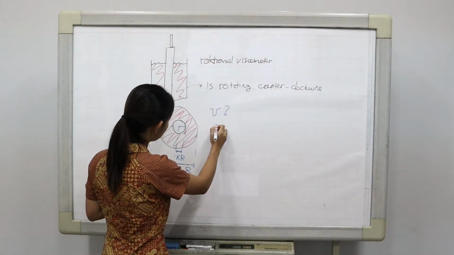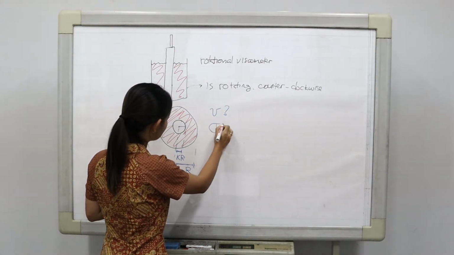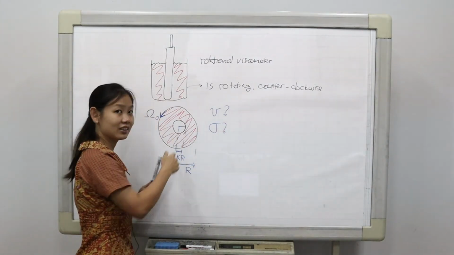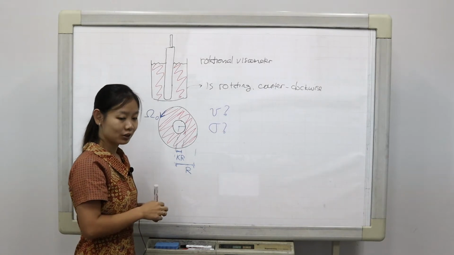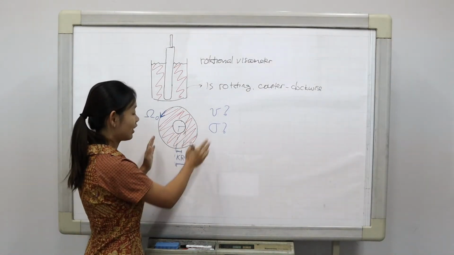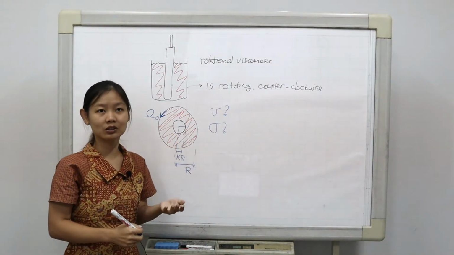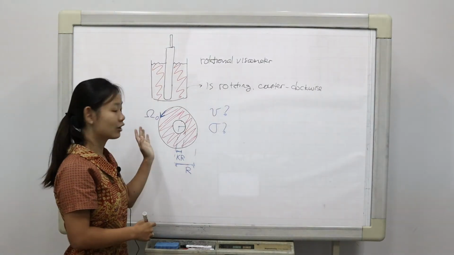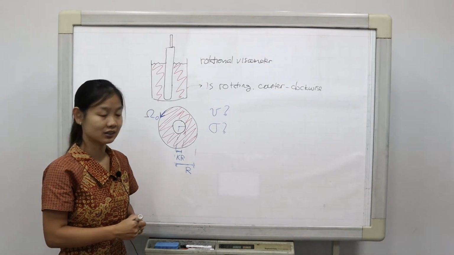What is the symbol for torque? I think this one. What is the torque to rotate the outer cylinder? Okay, so when we have this kind of situation, it will be very difficult if we want to use the shell momentum balance. So it will be better for us to use the equation of change table.